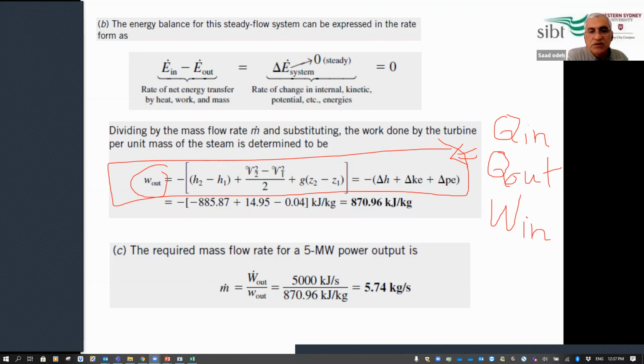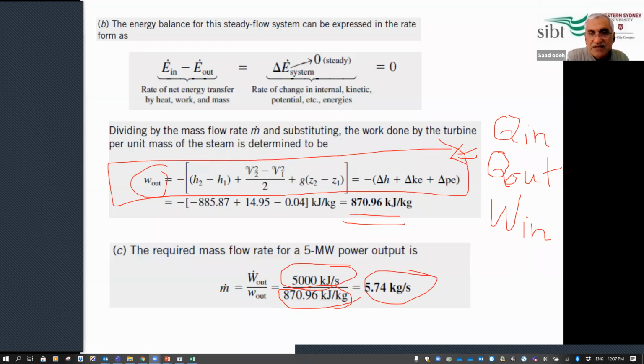All right, so we add all these terms together and then you find the work per kilogram. Now I know the kilojoule per kilogram. I know the total power, which is 5,000 kilojoule per second given in the question. If I divide the power by kilojoule per kilogram, it gives me the mass flow rate.